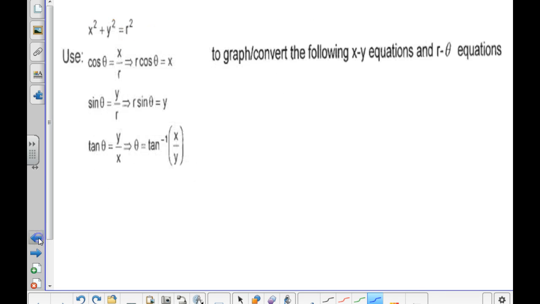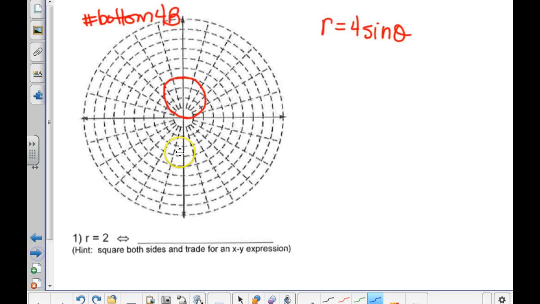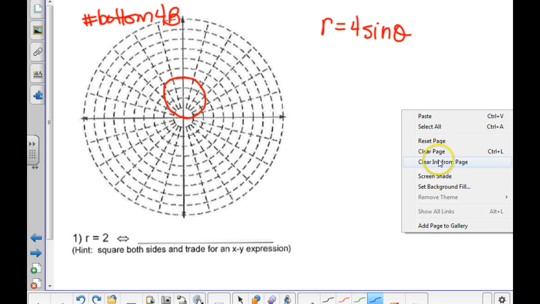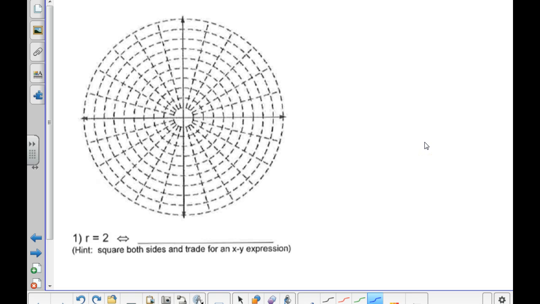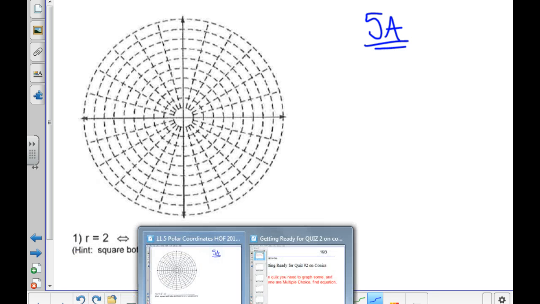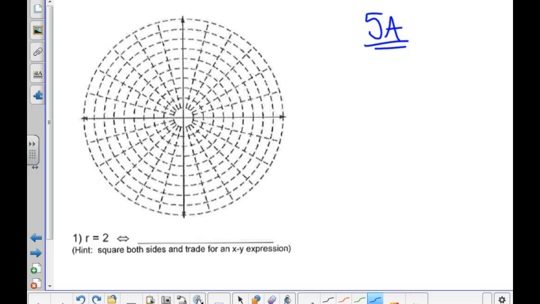We are going to now go over worksheet 5A. All right, this is the actual problem off worksheet 5A. Number 2, put your calculator in polar mode, and I think we did them in degrees, didn't we?